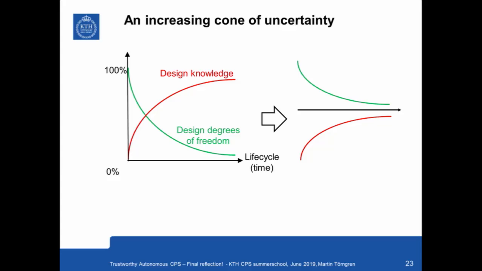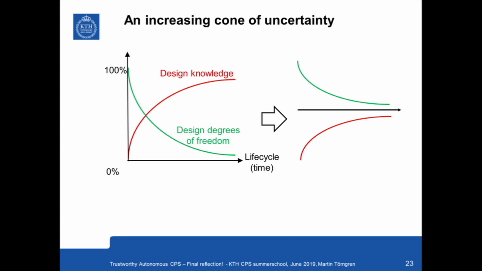Okay, so we talked about open systems, and there is this interesting cone of uncertainty known from engineering design. And basically, we all know that when we start to build a system, there's many things that we don't know. There's a lot of uncertainty. And as we work, we gain knowledge and we make more choices, we learn more. And for classical systems, we have reduced this a lot, we have gained a lot.